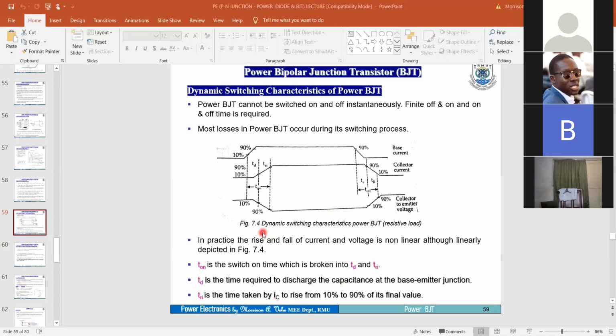Figure 7.4 is the dynamic switching characteristics of the Power BJT. In this case, we are just looking at a resistive load, not an inductive load.